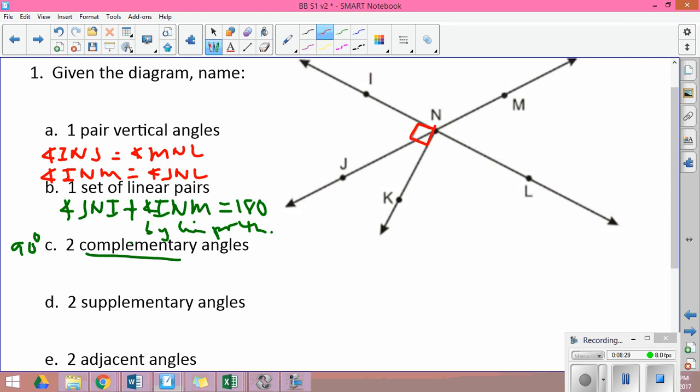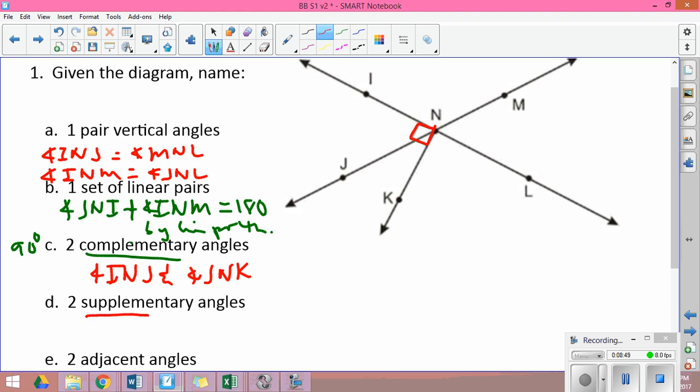So my complementary angles are angle INJ and angle JNK. You can write it that way, that those two are complementary, or you could write them in a number sentence: angle INJ plus angle JNK equals 90.